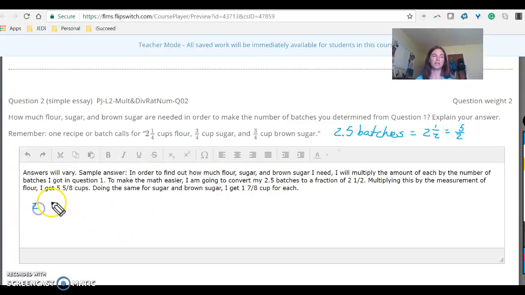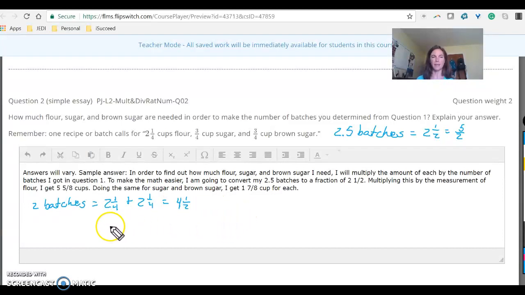So 2 batches is 2 1/4 plus 2 1/4. Well, 2 plus 2 is 4, and 1/4 plus 1/4 is 1/2. So I need 4 1/2, and that'll get me 2 batches.